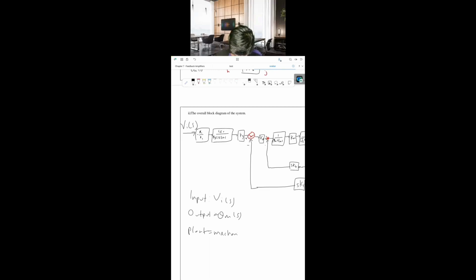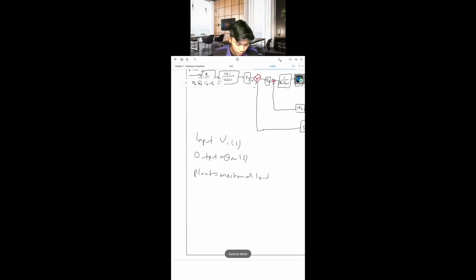The actuator for our control system is the motor, and the sensor is the feedback.